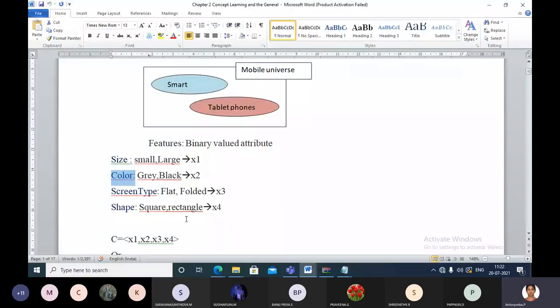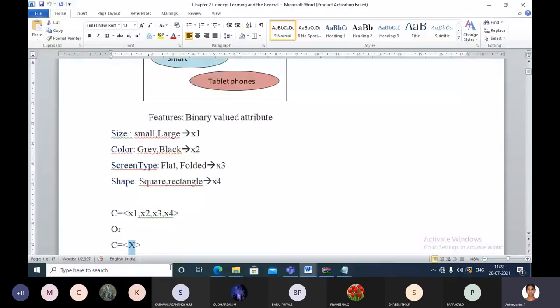So you can represent a concept C with its attributes x1, x2, x3, and x4, or collectively a capital X, where this capital X is a record or a tuple consisting of four attributes.